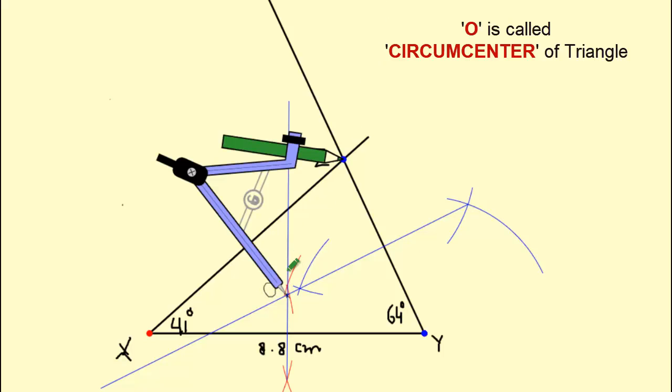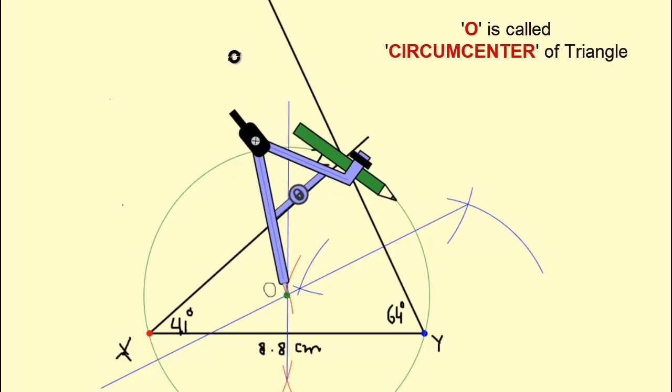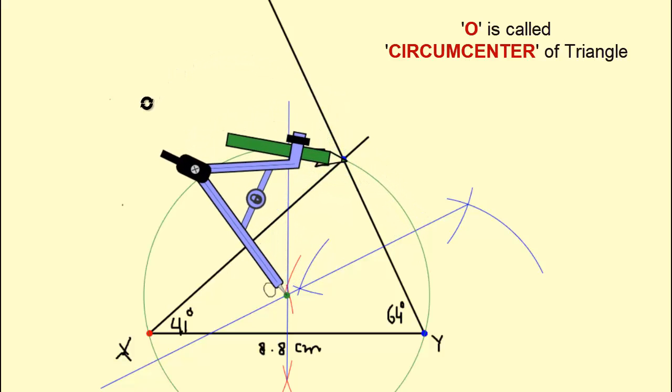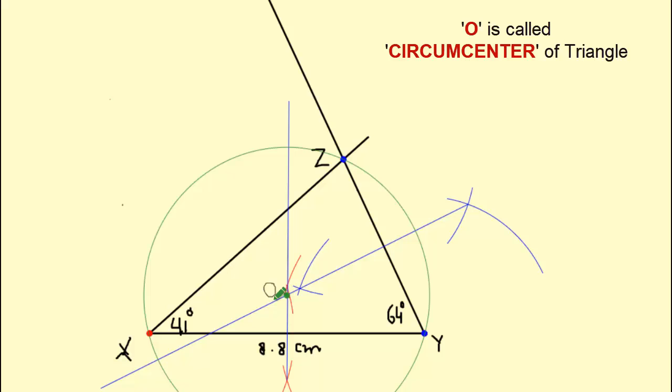If you take a compass and put the needle of the compass at this point O and open the compass up to the distance from O to one vertex and then draw a circle, this circle will cover the triangle and it will touch the triangle at the vertices, and the triangle is inside the circle. Therefore, this point is called the circumcenter of the triangle.